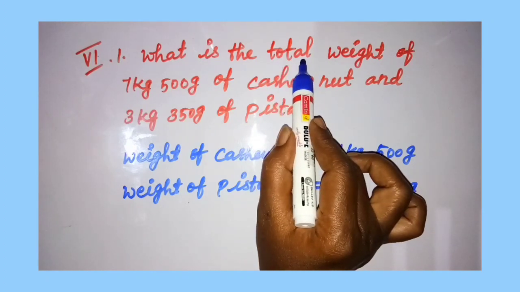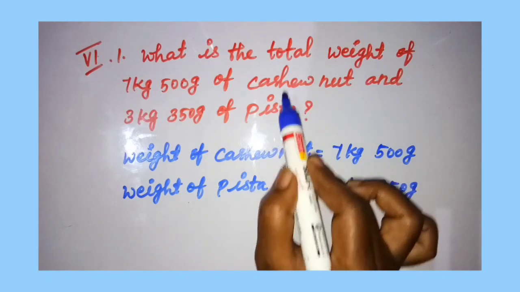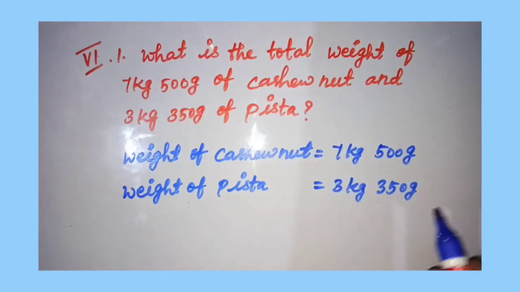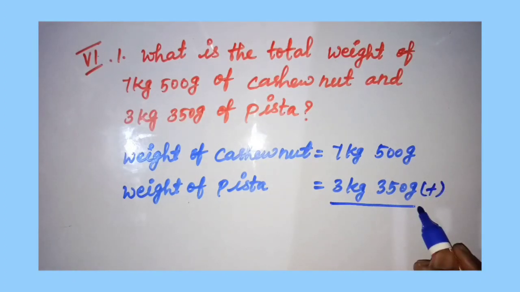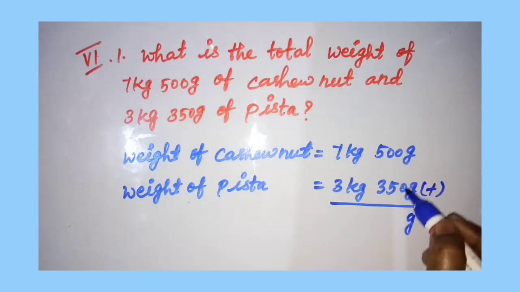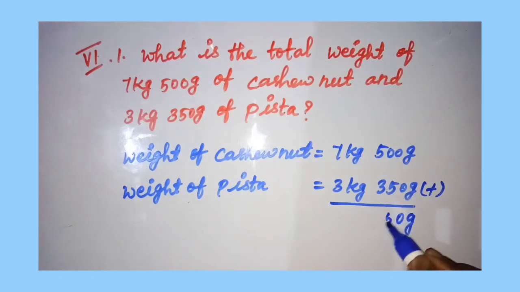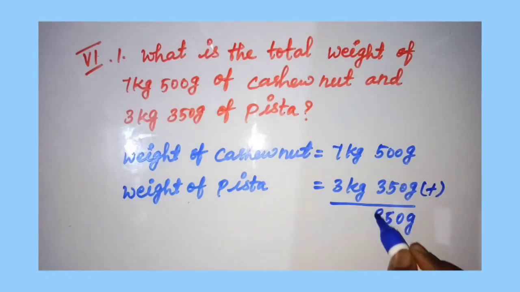So total means the sum is addition. Two values are given and we have to find the total value, which means the sum is addition. So put the plus symbol. Now add the value. First the measurement is gram. 0 plus 0, 0. 0 plus 5, 5. 3 plus 5, 8.